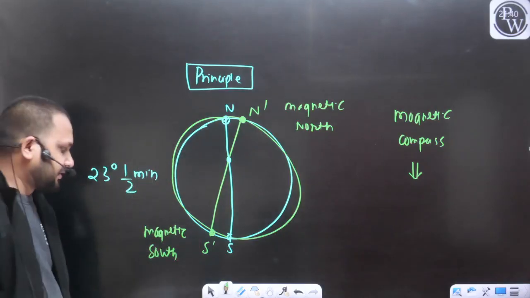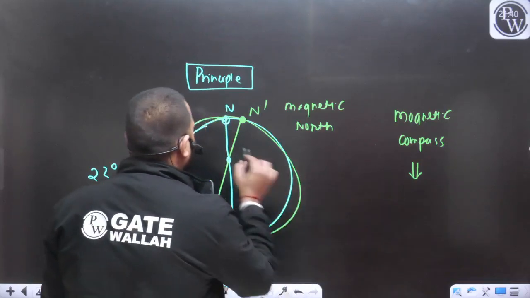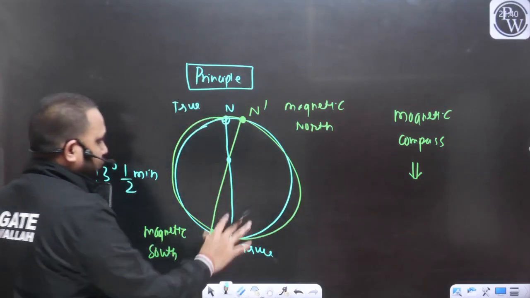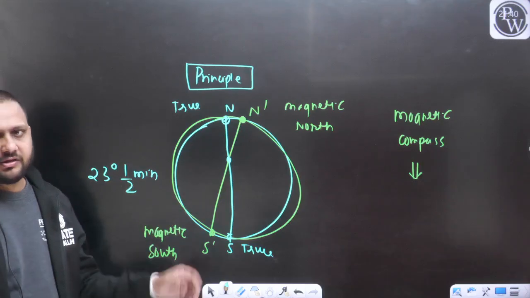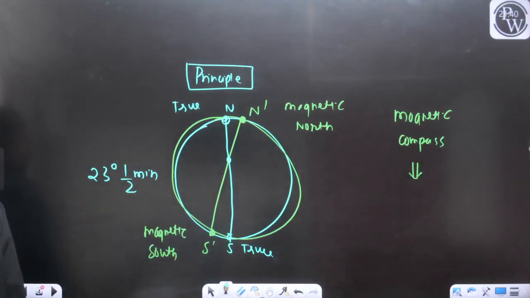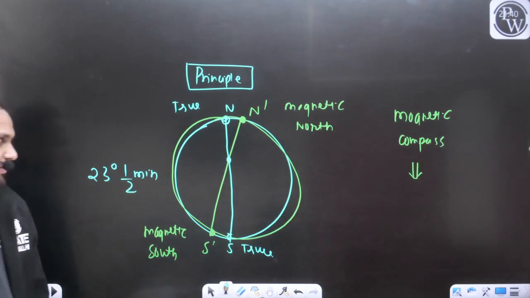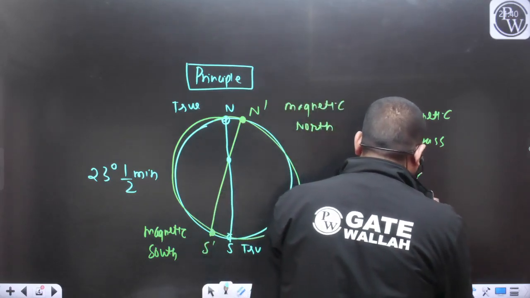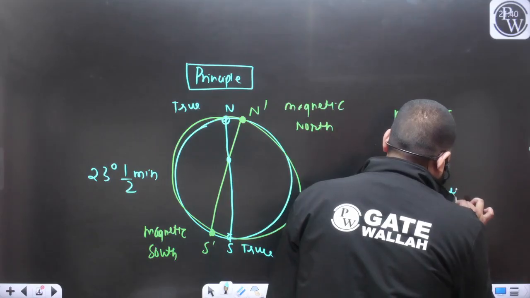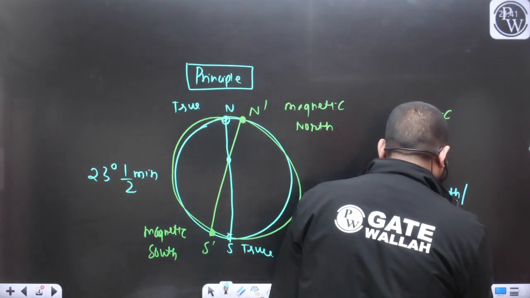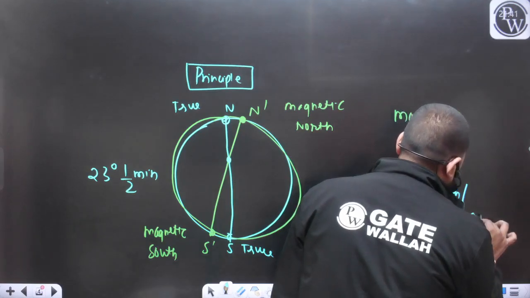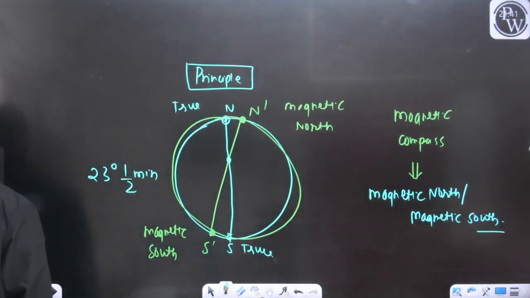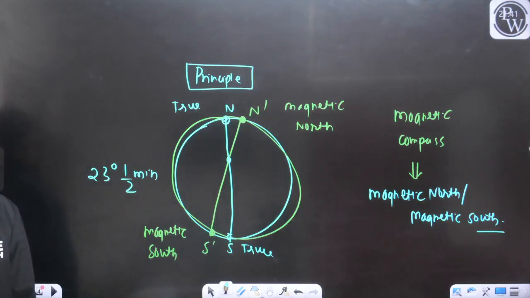To differentiate this, we use the terms true north and true south, and due to the tilt, the actual position is there. For that we use the terms magnetic north and magnetic south. So with the help of the magnetic needle or magnetic compass, we can locate the magnetic north and magnetic south.